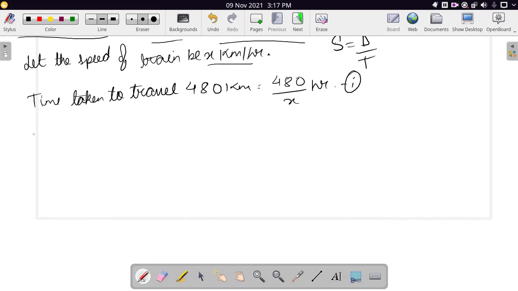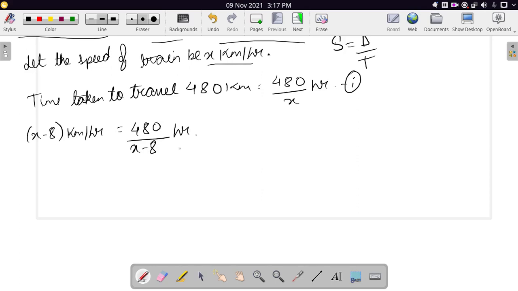We can write that time taken by the train to travel a distance of 480 km with the new speed will be 480 by x minus 8 hours, right? It's very simple.